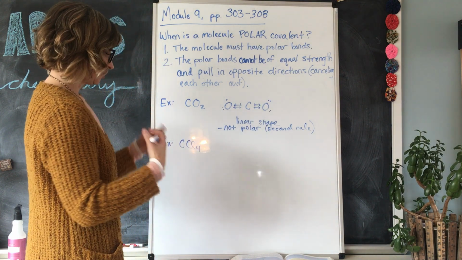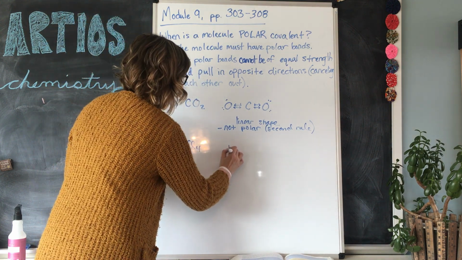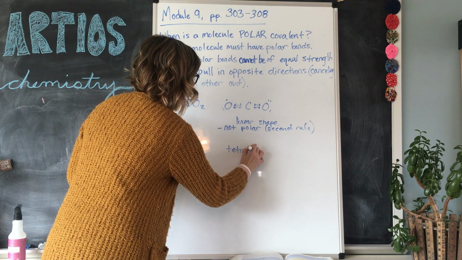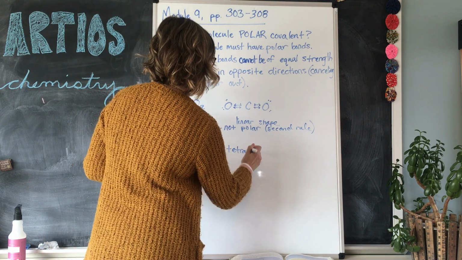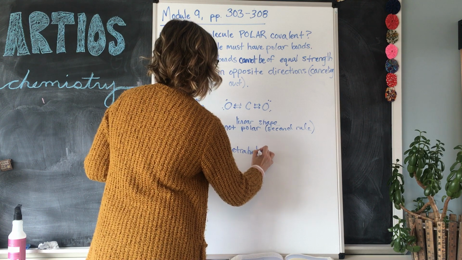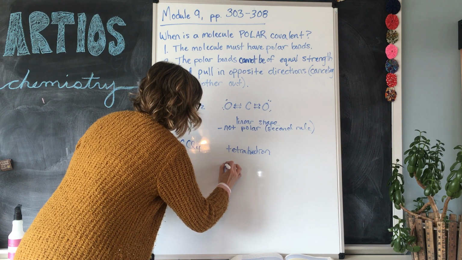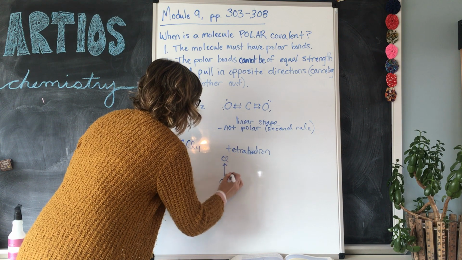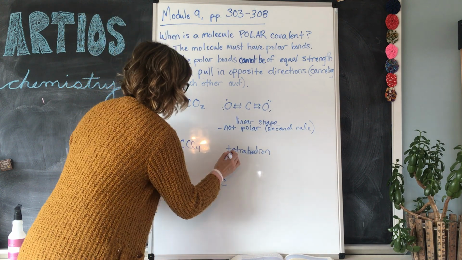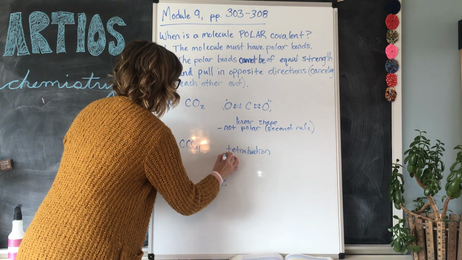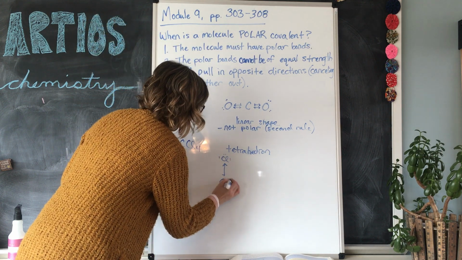CCl4. After you figure out the Lewis structure, you will see that this is a tetrahedron. So it would look something like this. The carbon is in the middle. We have the Cl pulling more strongly on that polar bond, so the arrow is pointing to the chlorine with its 6 other valence electrons.